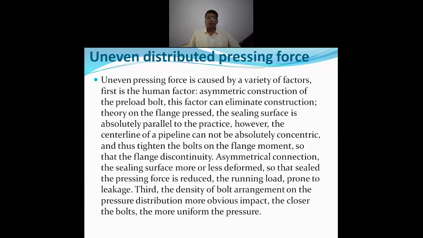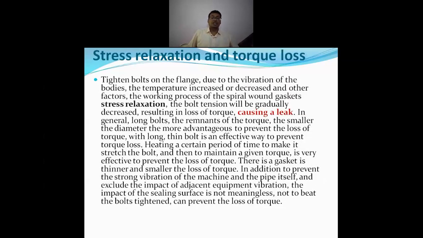The third is the density of bolt arrangement on the pressure distribution, which has a more obvious impact. The closer the bolts, the more uniform the pressure is. Then stress relaxation and torque loss.